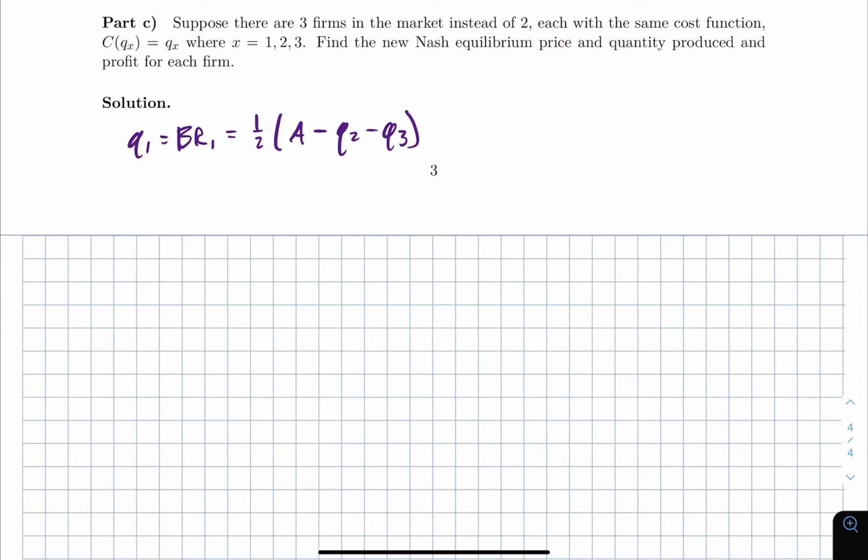Okay. So the solution, I mean, this makes it really nice. We have Q. So we found the best response function, but we're not actually explicitly asked for it. All we need is the Nash equilibrium price, quantity, and profit for each firm.